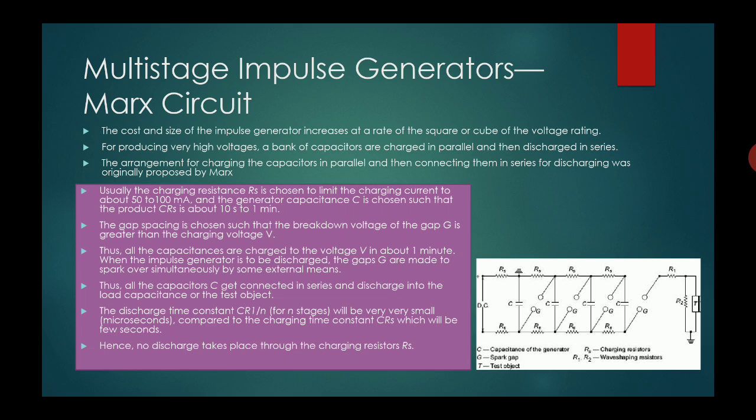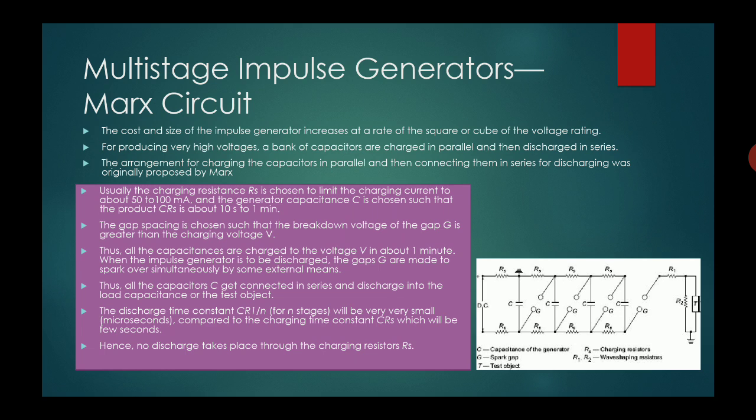You can see that without the gaps sparking, all these capacitors are in parallel, so they are charged to a particular voltage. Now the gaps are made to spark over simultaneously with some external means.